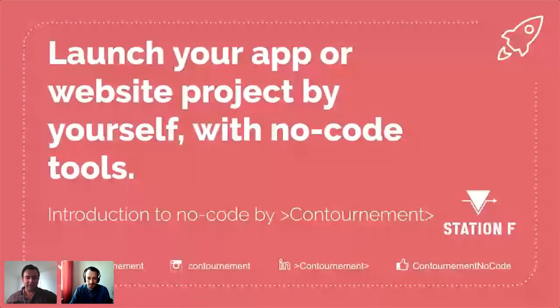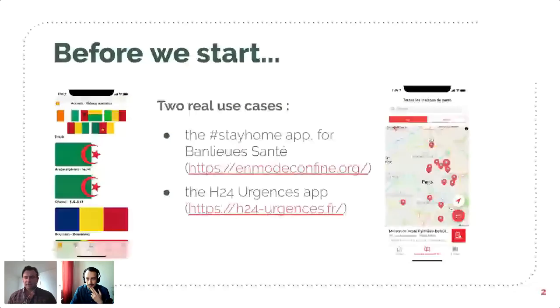useful for any type of people, entrepreneurs or companies. So we'll begin with a very, very concrete example, even two examples. Indeed, there is an epidemic right now, and some associations and organizations fight against that epidemic.